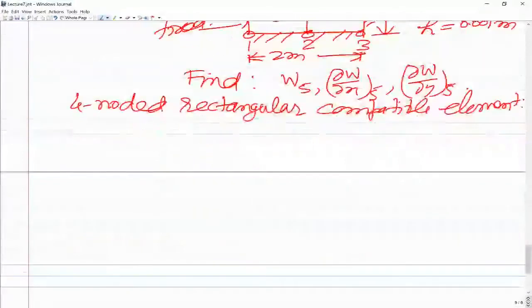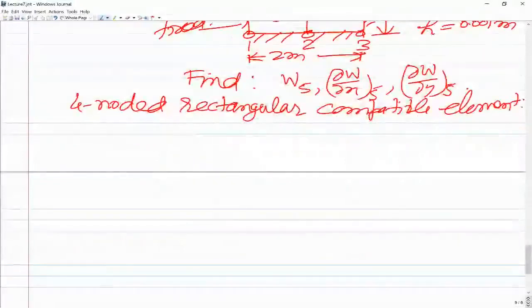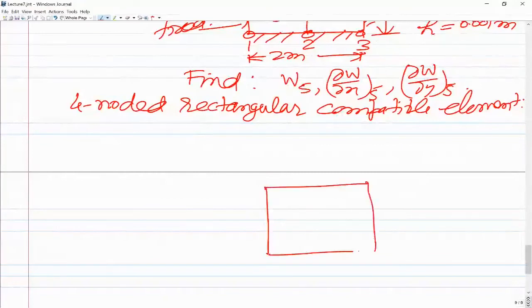For this, you take a rectangular element with 4 nodes, but we increase the degrees of freedom. The local coordinate is x here, and this is y, with node 1, node 2, node 3, and node 4.